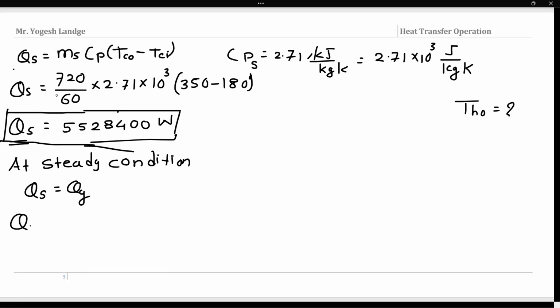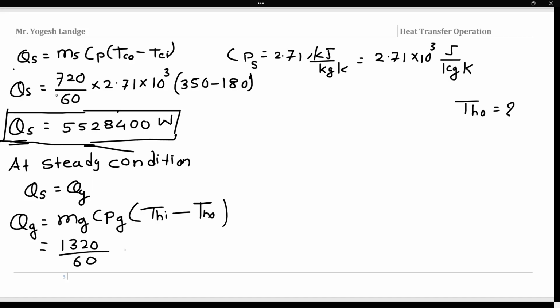So I'm writing the formula Q of G is equal to the mass flow rate of the gas into the specific heat of the gas into the temperature difference, that is inlet temperature of the hot gas minus outlet temperature of the hot gas. So just put up the values of this one, the mass flow rate of the gas, which is 1320, which is given in kg per minute. We convert into kg per second.